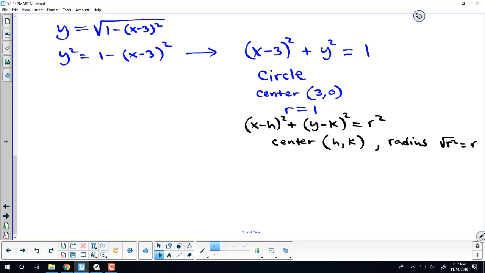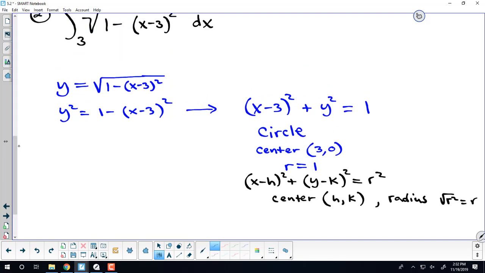Okay, how do you know it's the top half of the circle? Not necessarily because it's under the root, but because the root is positive. Y is the positive root, right? Y is positive up here, and down here is where y is negative.